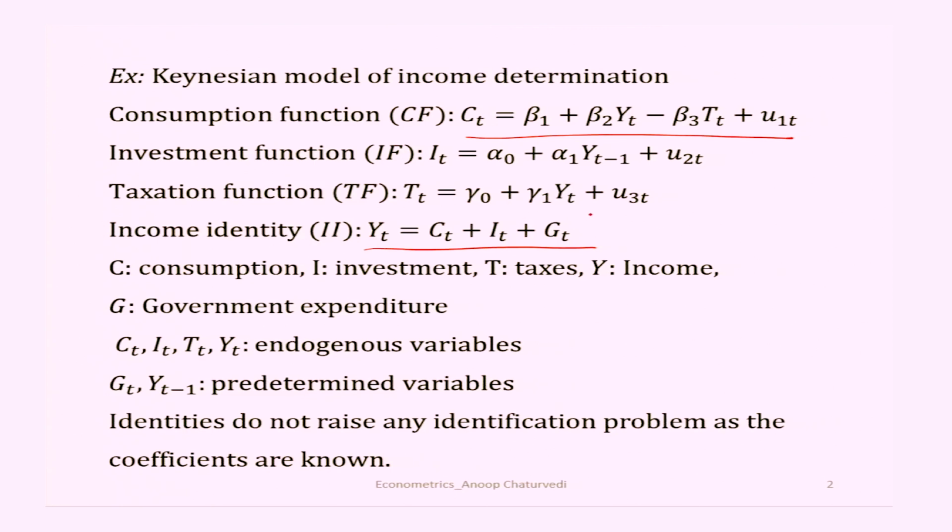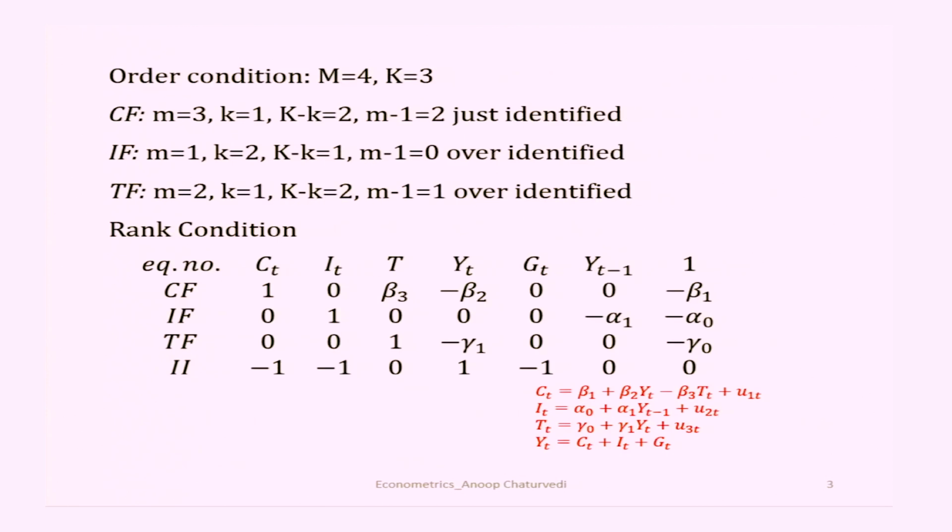So, you do not have to bother about the identification of the income identity. Now, here capital M is equal to 4, you have 4 endogenous variables, and capital K is equal to 3. In all, you have 3 predetermined variables, including the intercept term.